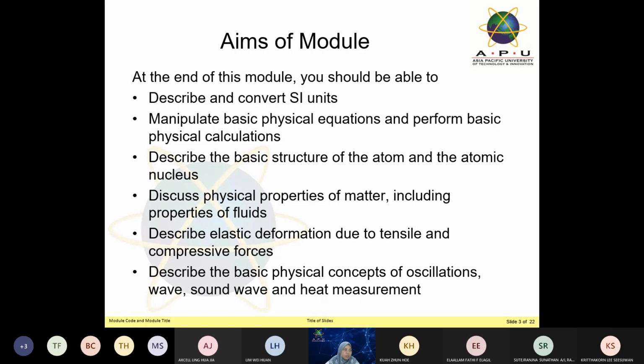Okay, next is manipulate basic physical equations and perform basic physical calculations. Basic means those in brackets you settle first. If you have plus and minus, then you have divide and multiply. So which one do you do first? Divide or plus? Divide first.